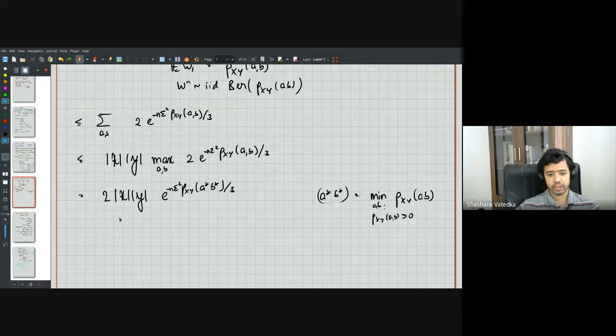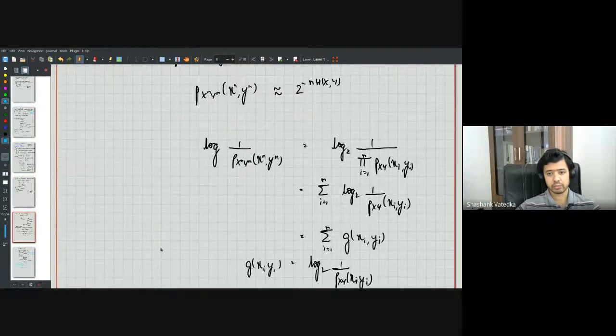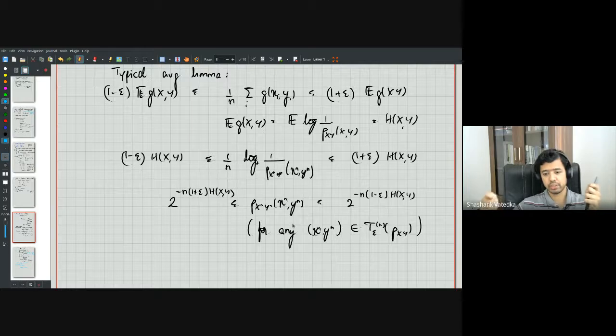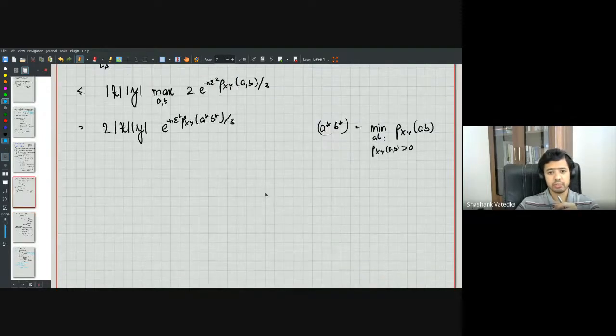Whereas over here, you take any fixed pair of sequences in the typical set, and ask what is the probability of that particular pair of sequences occurring. So this is for a specific pair of sequences in the typical set. This is the probability that you see any pair of sequences in the typical set, and this is exponentially decaying in n. So the probability that it is not in the typical set is exponentially decaying in n.